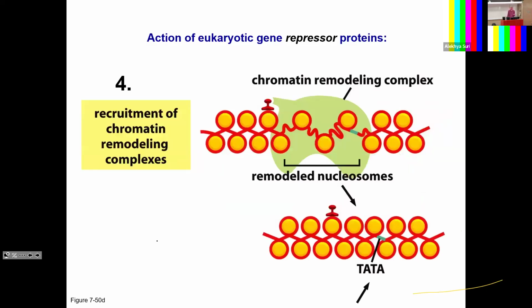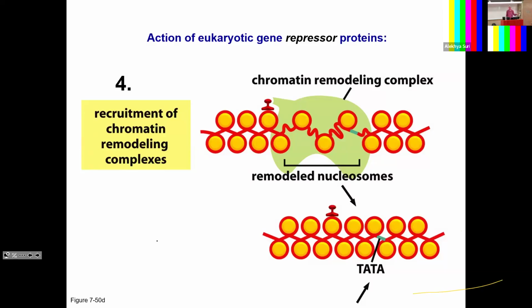And when we look at chromatin, in this case, for example, a chromatin remodeling complex may also cause a remodeling of nucleosomes so that the chromatin is more compact. Chromatin remodeling complexes are a family of proteins that may either open the chromatin or make it more compact.